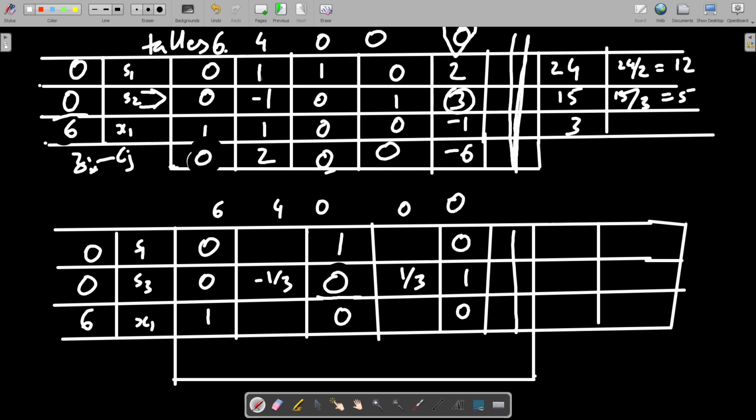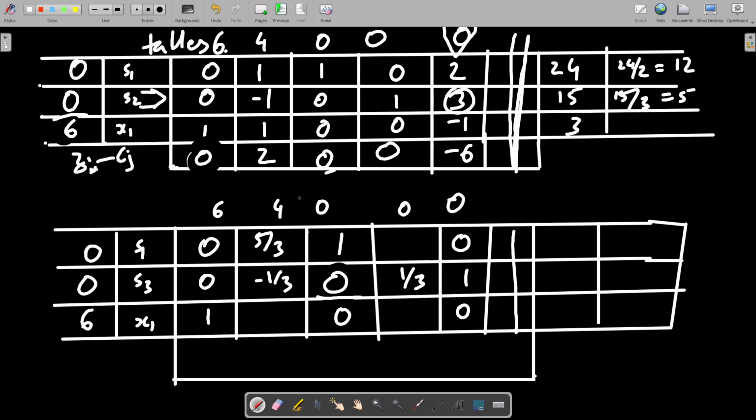Okay, now let us calculate the others. So this is 3 into 1 minus of minus will become plus, and this will become 3 plus 2 divided by 3. So 5 by 3. 3 into 1, 3 into 1 minus of minus 1.